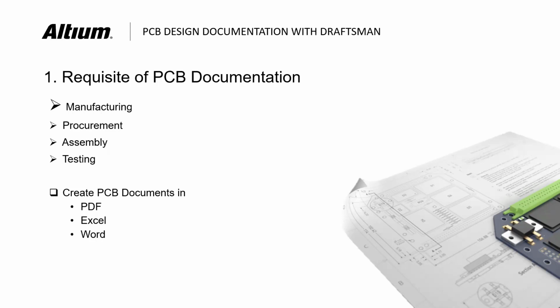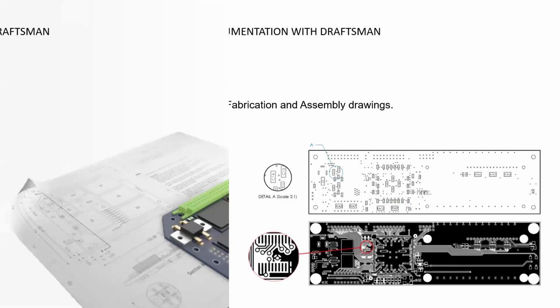That is called Draftsman. There is no need to generate a bill of materials separately, no need for a layer stack separately, no need for your Gerber fabrication file separately, and no need for your assembly file separately. All in one place is called your Draftsman. So that's what we are going to see now.